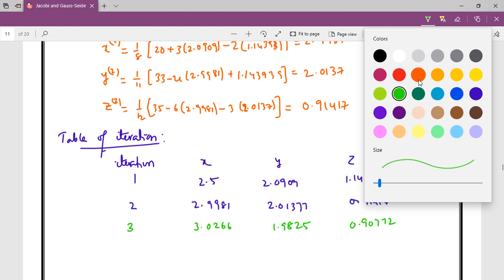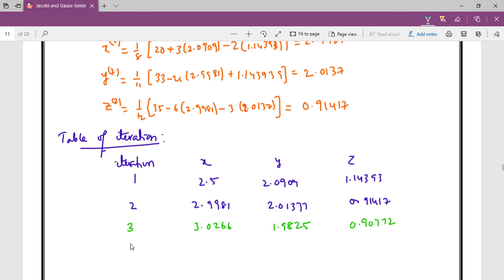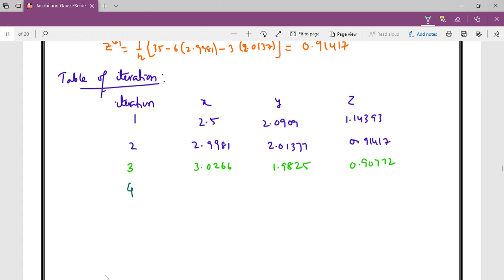So now let us see what the values are for the fourth iteration. In the fourth iteration, we have x value as 3.016512 and y value as 1.985607 and z value as 0.912009. Okay.